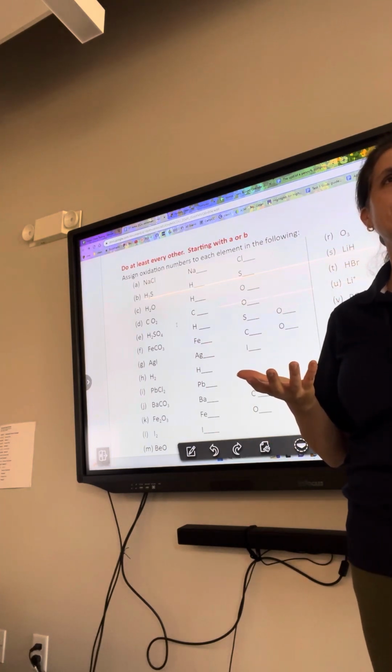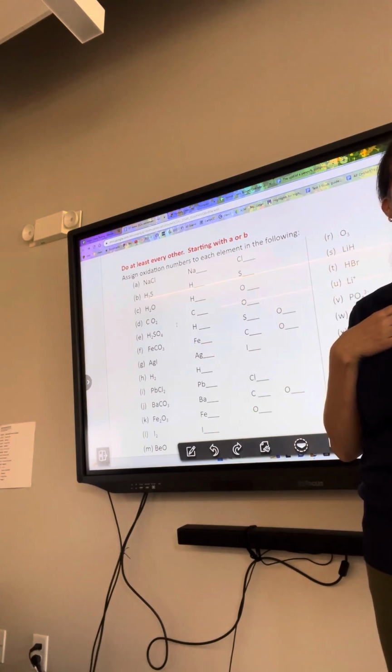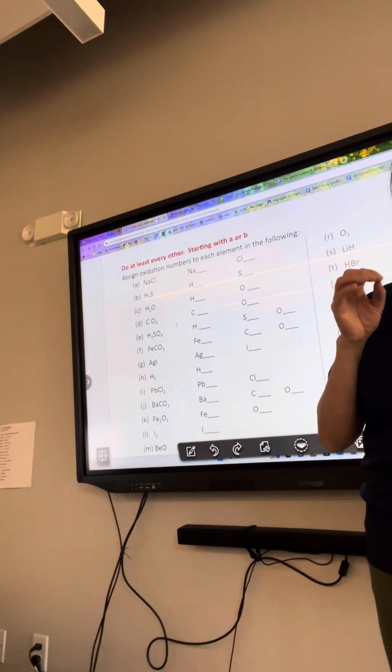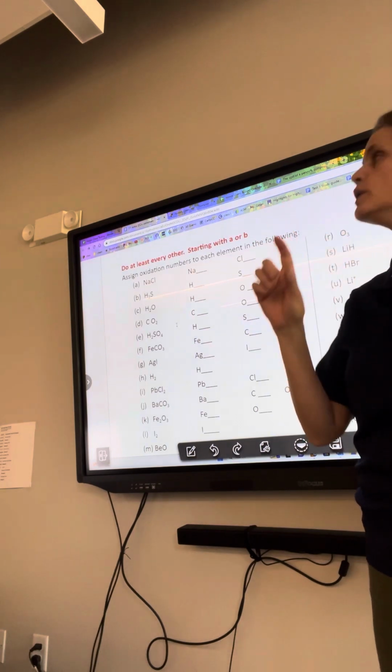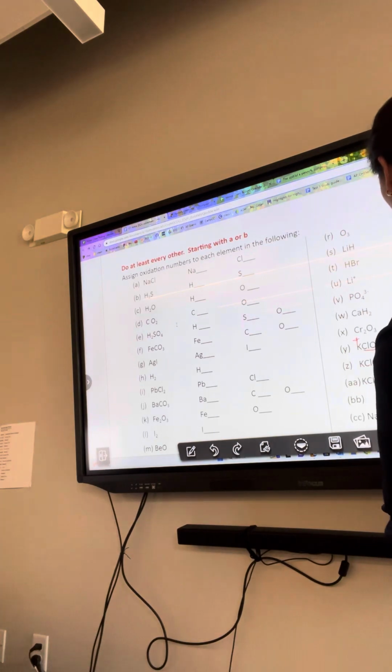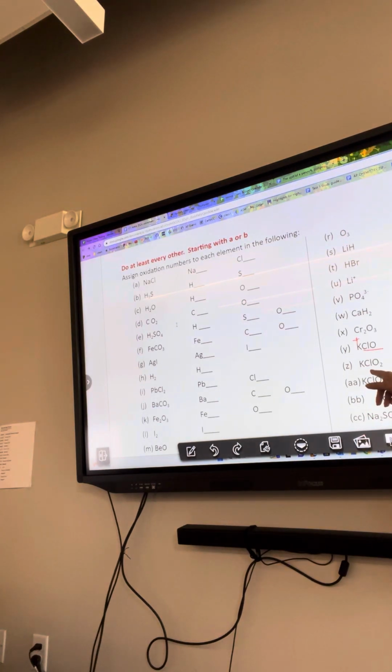So, not just like O2. I want to know the charge of the atom. If you have two, that means that you have, let's say, which one that has subscripts? Like KClO2. So in this case, the K is still a plus, the ClO2 is a minus still. So the O is what?